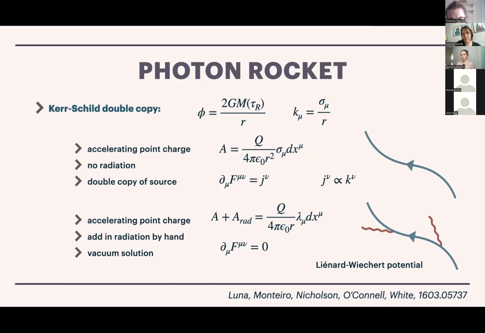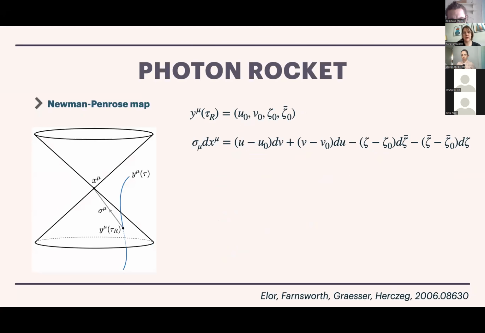On the other hand, for the Newman-Penrose map, I can write down my vector field sigma in this way, where I've chosen some coordinates for the point where my world line intersects the past light cone. And then I can just read off phi. Remember, it's the ratio of d zeta bar to du.